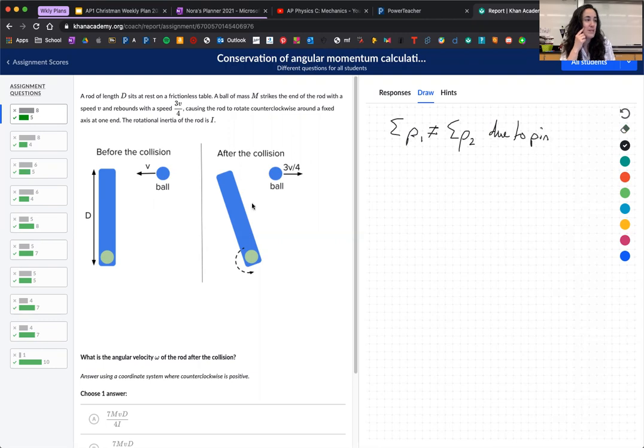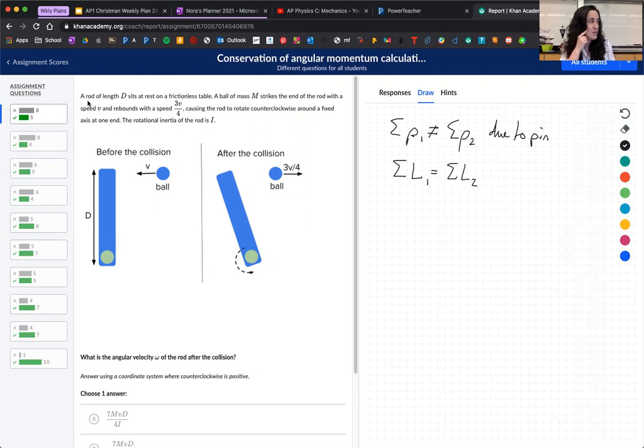So I can't use linear momentum to solve this problem, but the pin does not prevent angular momentum from being conserved. So we can say the total angular momentum before the collision equals the total angular momentum after.